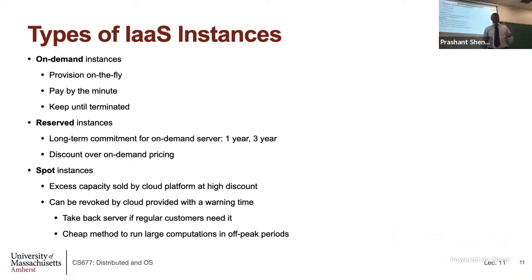But even if you get one, okay, the cloud providers can actually take it back from you with a warning time. Okay? Normally for on-demand and reserved, you as the customer get to decide how long you want to keep it and then terminate the instance. Okay? For spot instances, because it's excess capacity, these are revocable instances, which means that if more demand arrives in the data center, they can take it back from you.